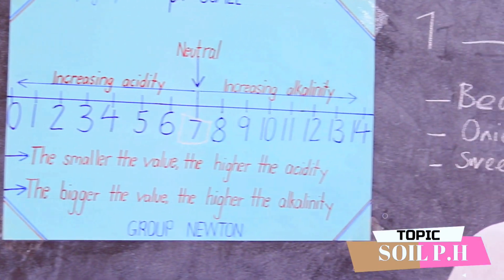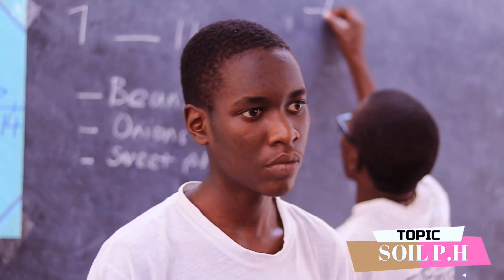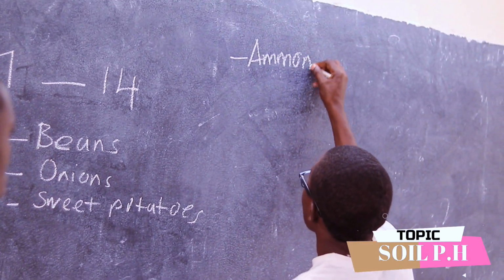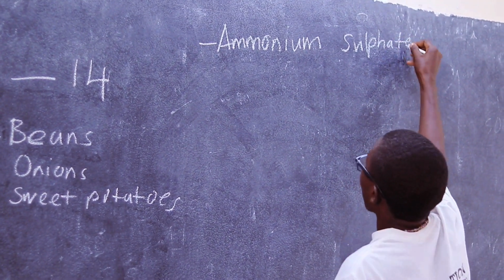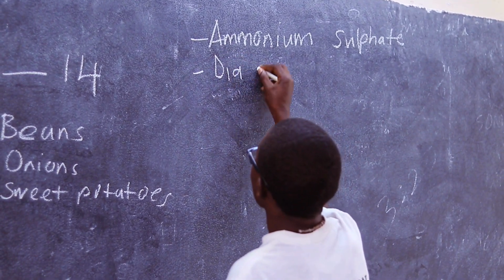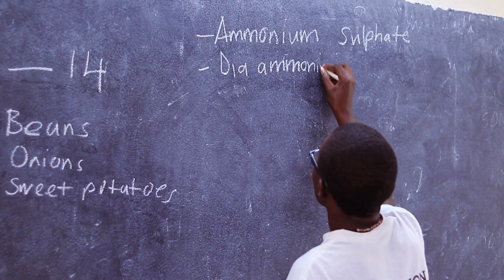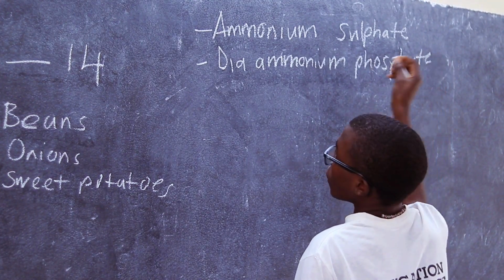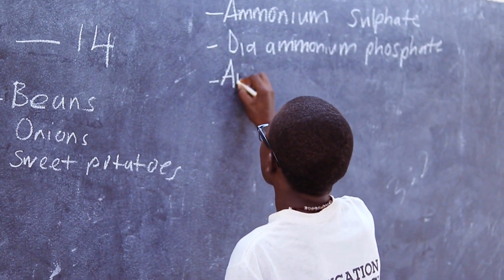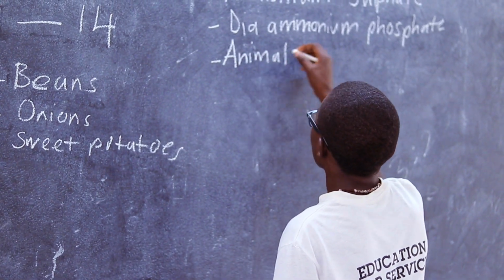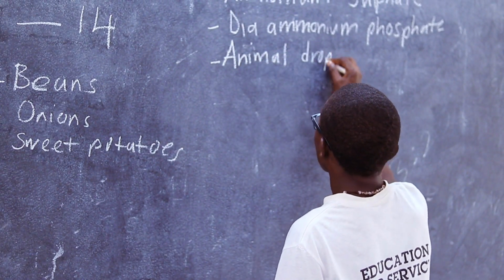For example, you can add ammonium sulfate, diammonium phosphate, and also, the traditional way, animal droppings.